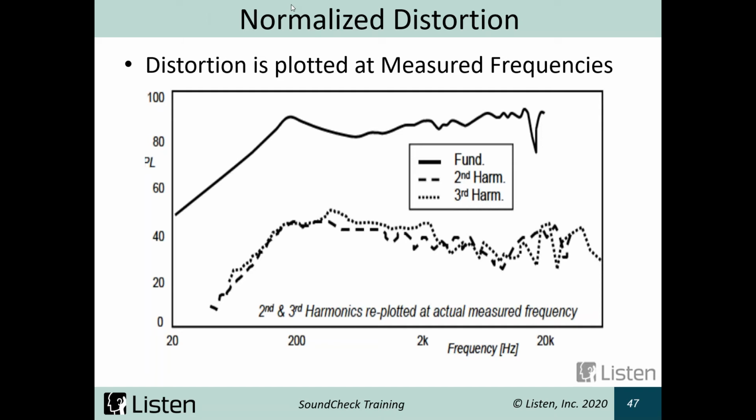So I'm going to open up SoundCheck and we'll take a look at some of the different options that are in there and how this distortion will actually compare traditional versus normalized.